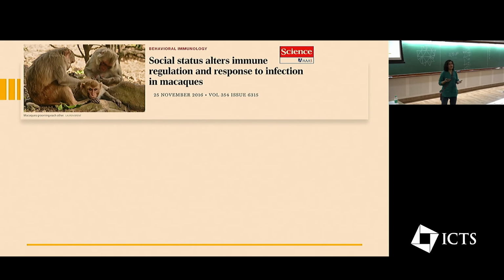Another evidence that suggests that social interactions impact biological fitness comes from studies like these, where people have found that in rhesus macaques, their social rank in their group, or social status, has an impact on immune regulation and response to infection.